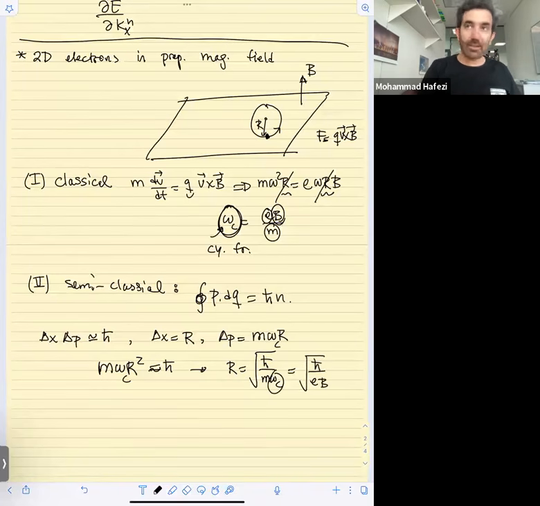So this tells me that once you enter quantum mechanics, Heisenberg does not allow you to have orbitals with radius smaller than r. And this we will call magnetic length. Magnetic length. Sounds good.